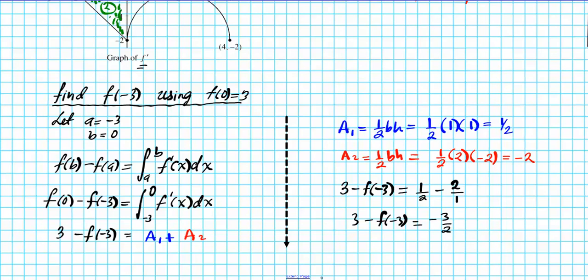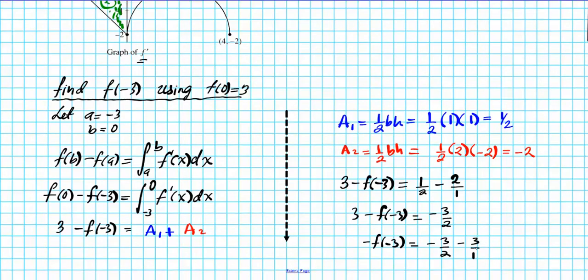And then you subtract 3 from both sides. So you have negative f of negative 3 is equal to negative 3 over 2 minus 3. Put that over 1. You can find the LCD. This becomes negative 3 over 2 minus, times the top and bottom by 2. Okay, so you have the same denominator. What do we have here?